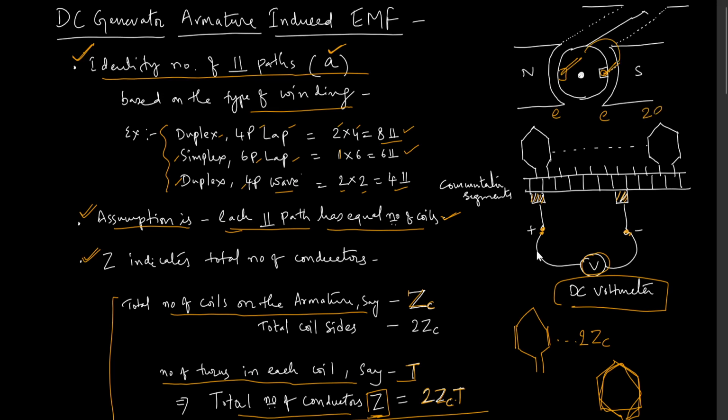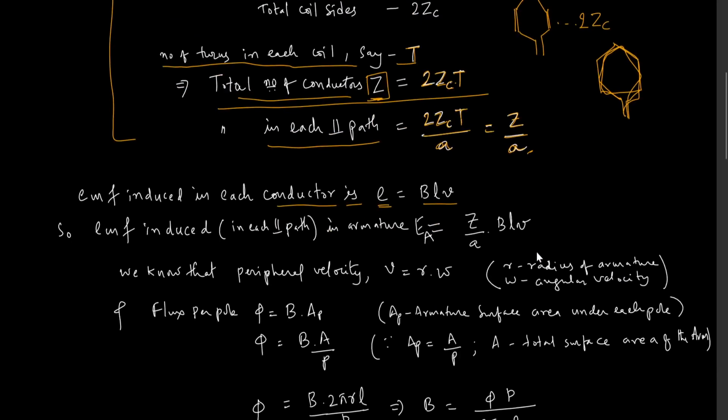So 2e will be the total EMF induced in the coil, but in a coil side it is e only. So in each conductor the EMF induced is BLV. So the EMF induced in each parallel path in an armature, capital Ea, is equal to the total number of conductors in a parallel path multiplied by BLV.